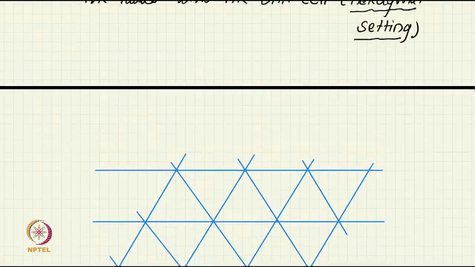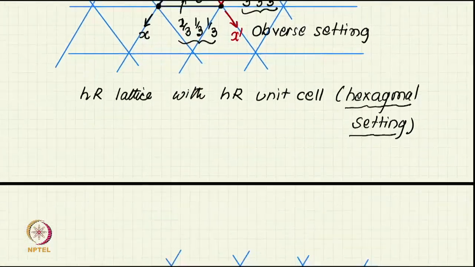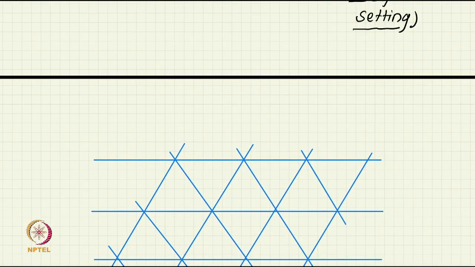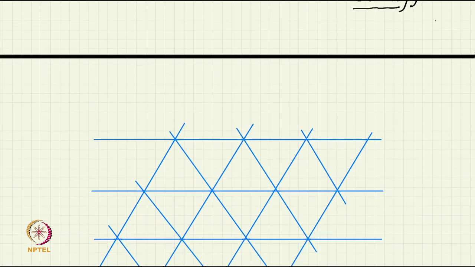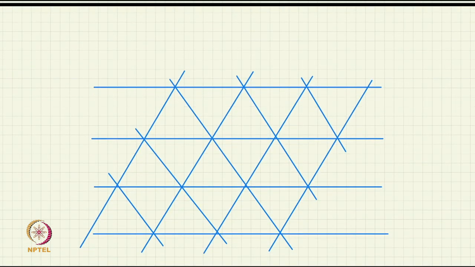Now, let us come to the rhombohedral unit cell choice for hexagonal setting. So, I again start with the lattice points.